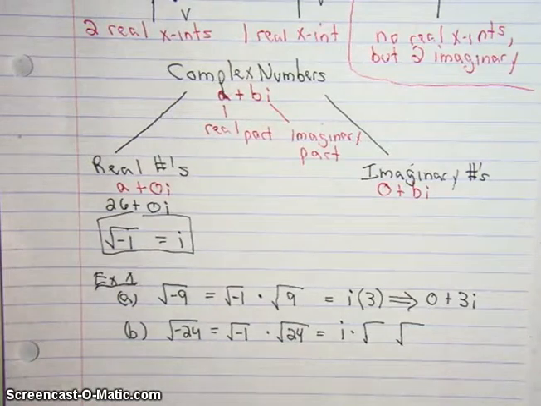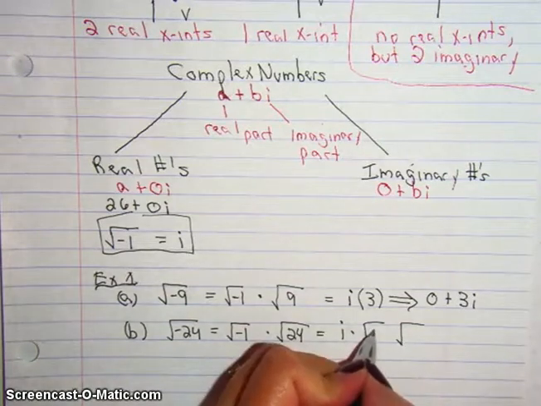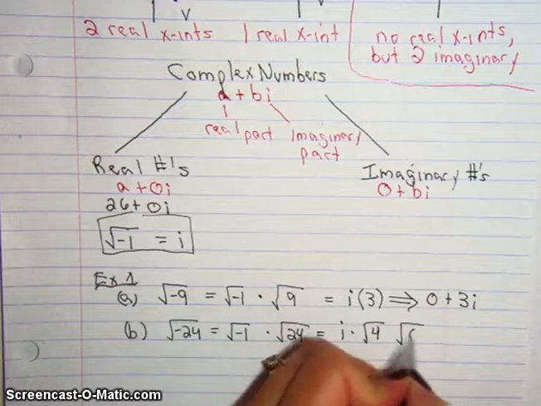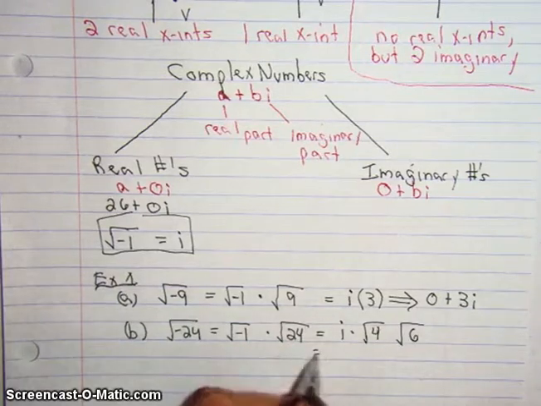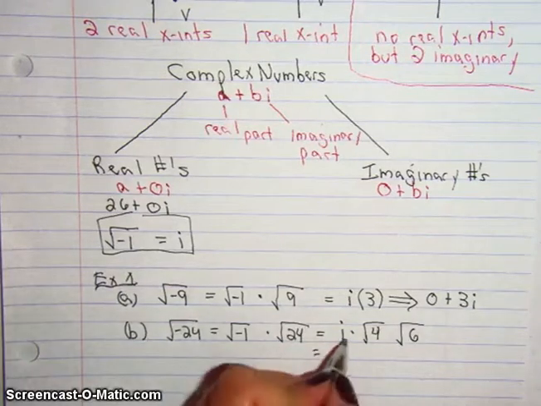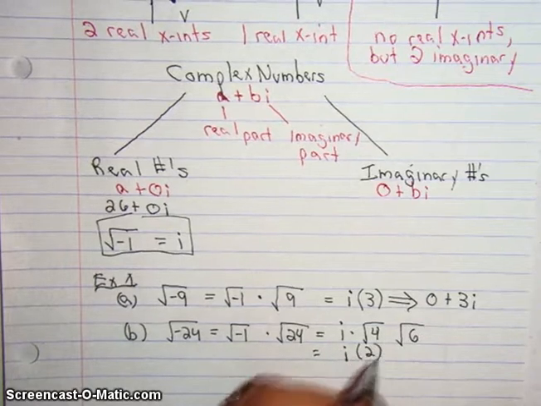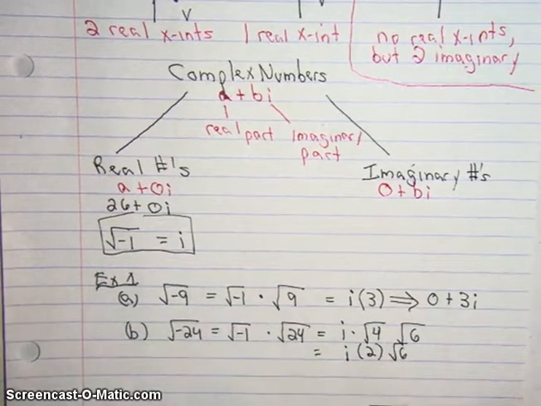Somebody got the numbers for me, please? Molly, what do you got? 6 and 4. Do you want 4 first or 6 first? 4 and 6? Sounds good, Molly. And Nick, the square root of 4 is 2. So i times 2 times square root of 6.